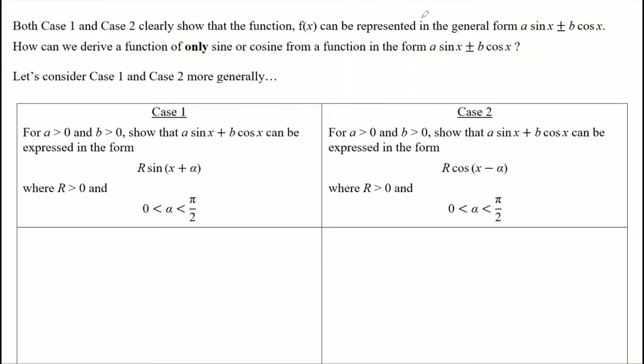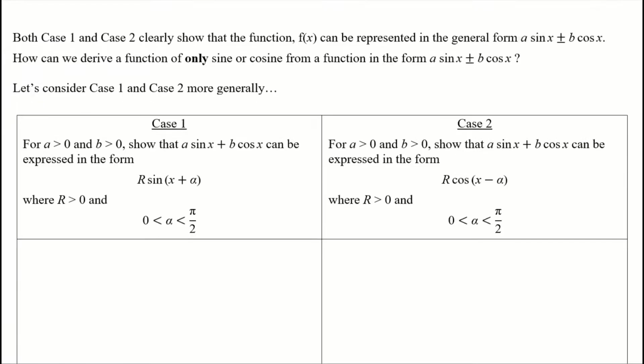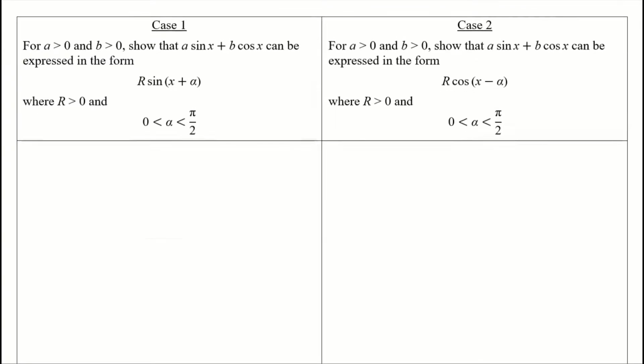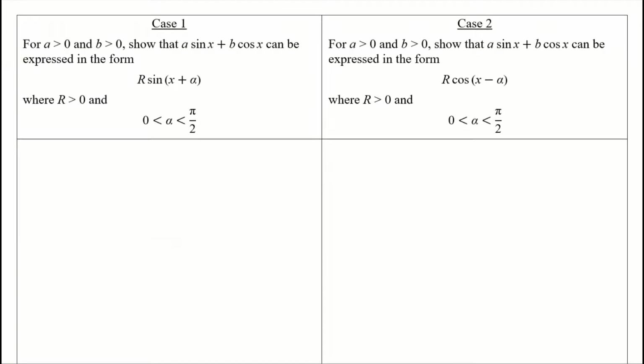Right, so I'm going to need a bit more space. So I'll just scroll down. So case 1, we know that A and B are both positive. That's given to us in this example, and we're given the form that we want. Now it would be quite handy to see how this form, particularly this part, lends itself to the harmonic version.